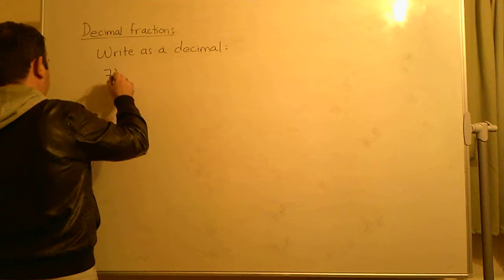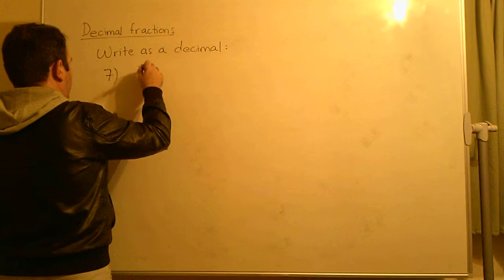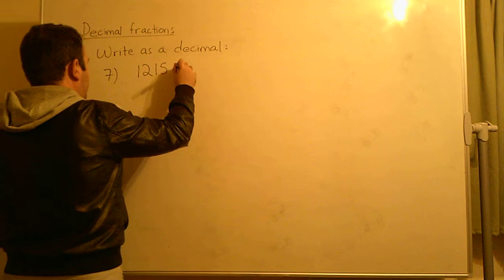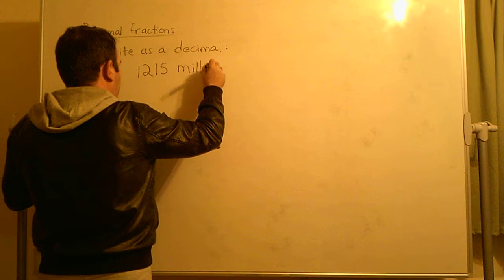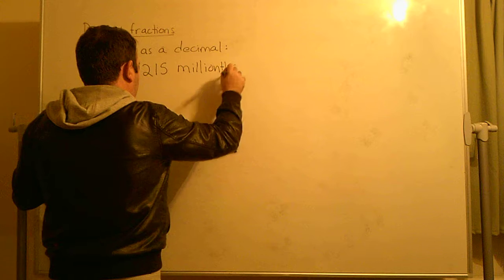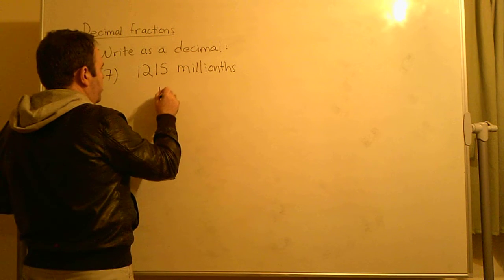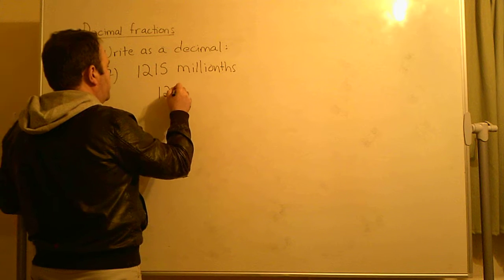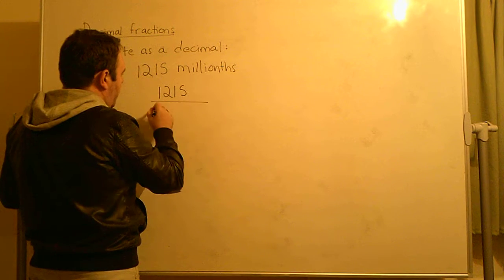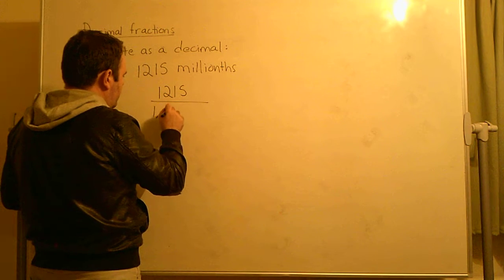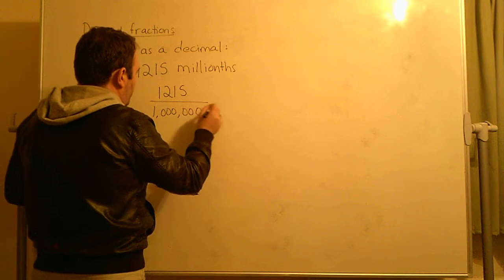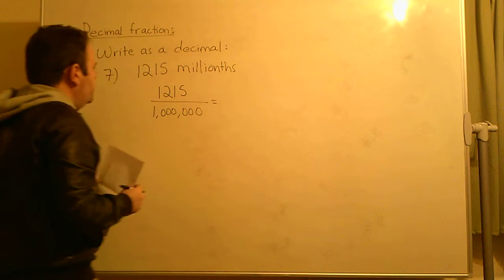So 1,215 millionths. So, as usual, we write down 1,215 divided by 1 million.